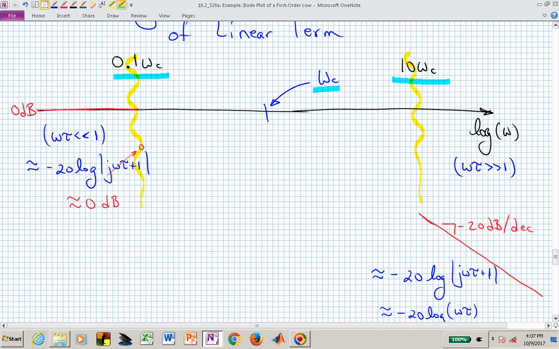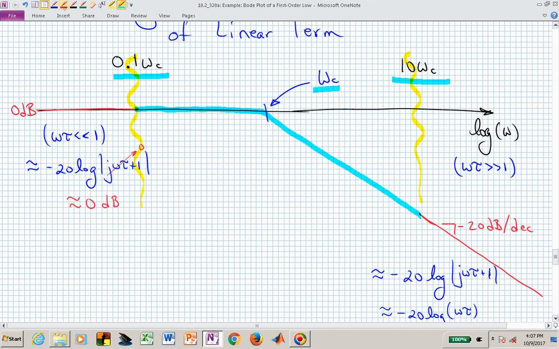We can see then, hopefully, that in between those two approximations, they now meet at the break frequency in our straight line. So now we really just need to know what's happening at low frequencies, what's happening at high frequencies, and making this break occur at the break frequency omega sub c.